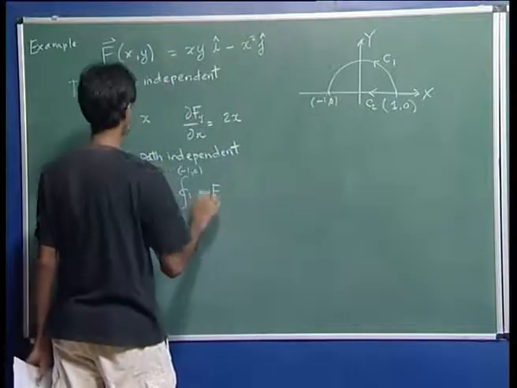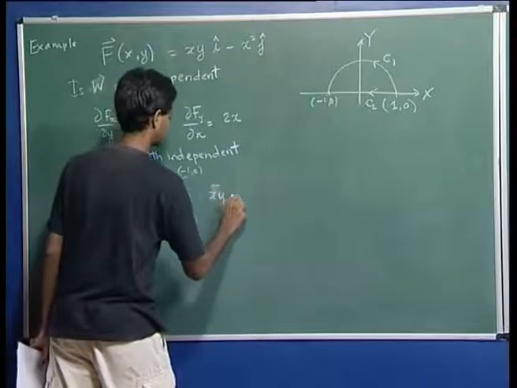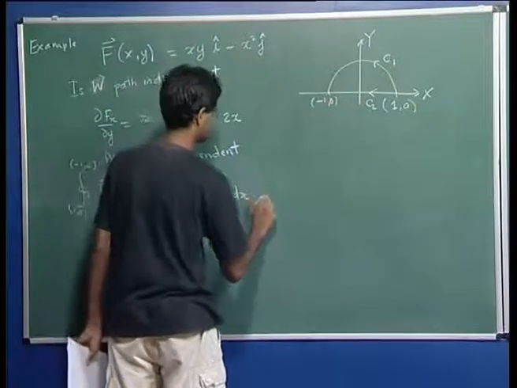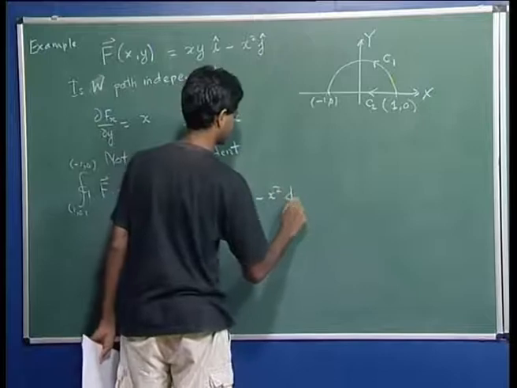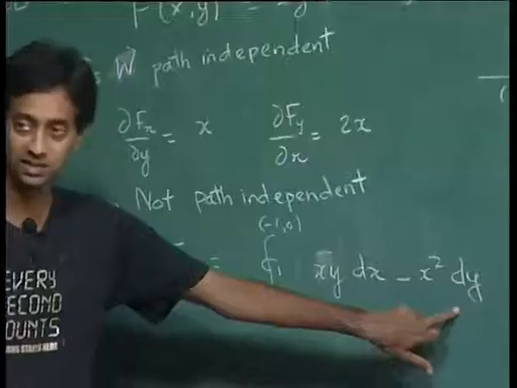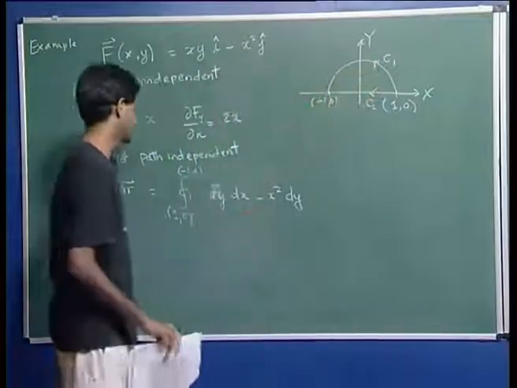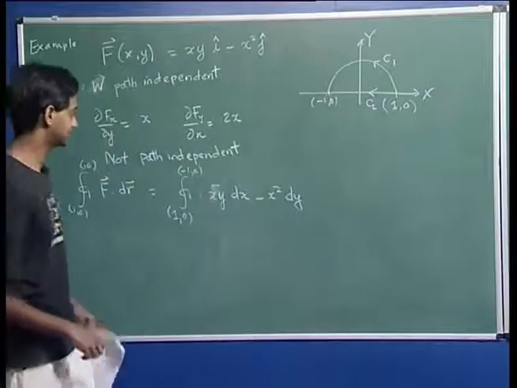It will have dx and it will have dy. So if I substitute, this is xy dx minus x square dy. And remember, dx and dy are not completely independent because we are going along this path.